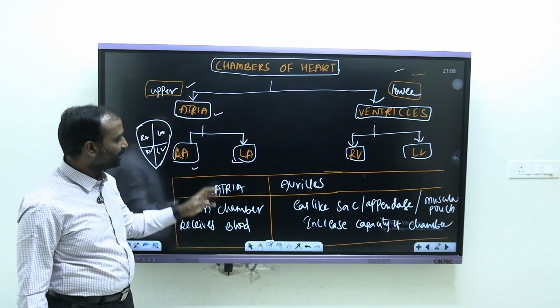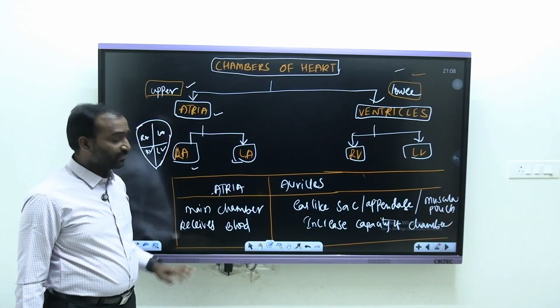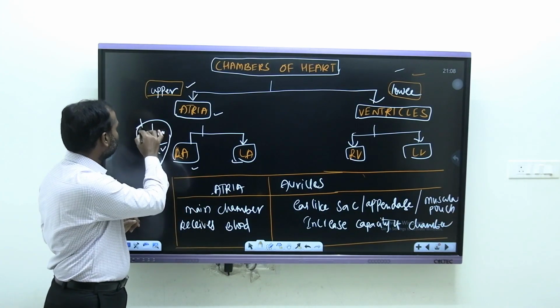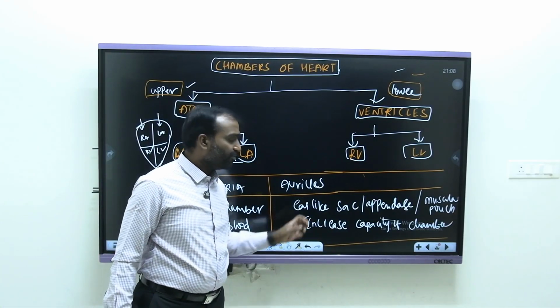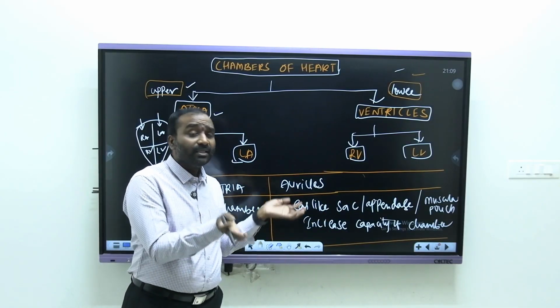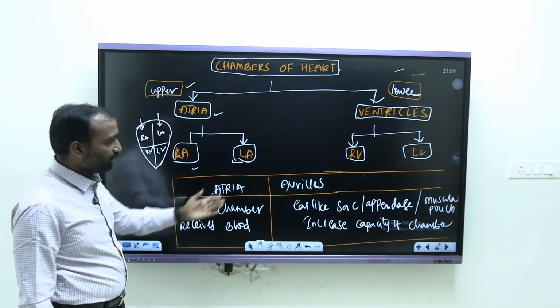As I have mentioned, the difference between auricles and atria: atria is the main chamber which receives the blood. Then what about the auricles? They are small sac or ear-like structures which cover the atria. What is their function?